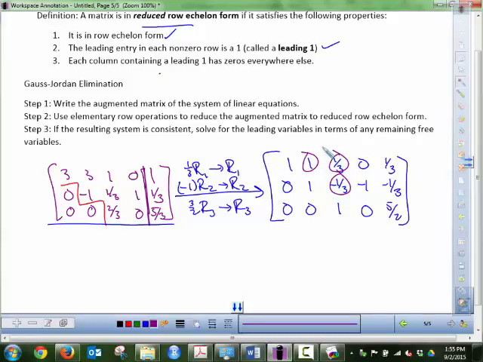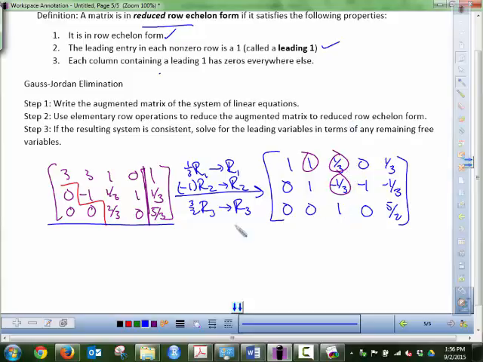So let's do a couple more elementary row operations to wipe that out. I could do that. Yeah, then we can multiply by 2 again.